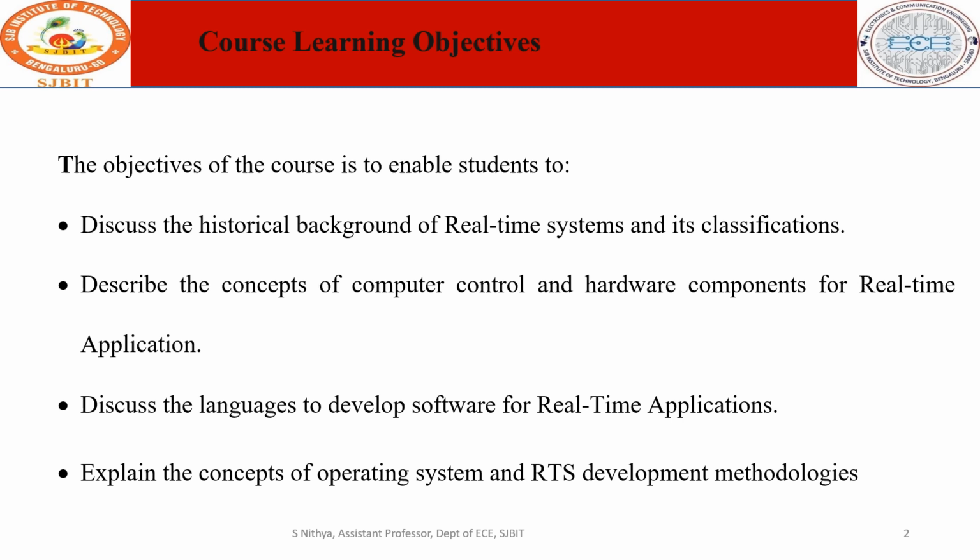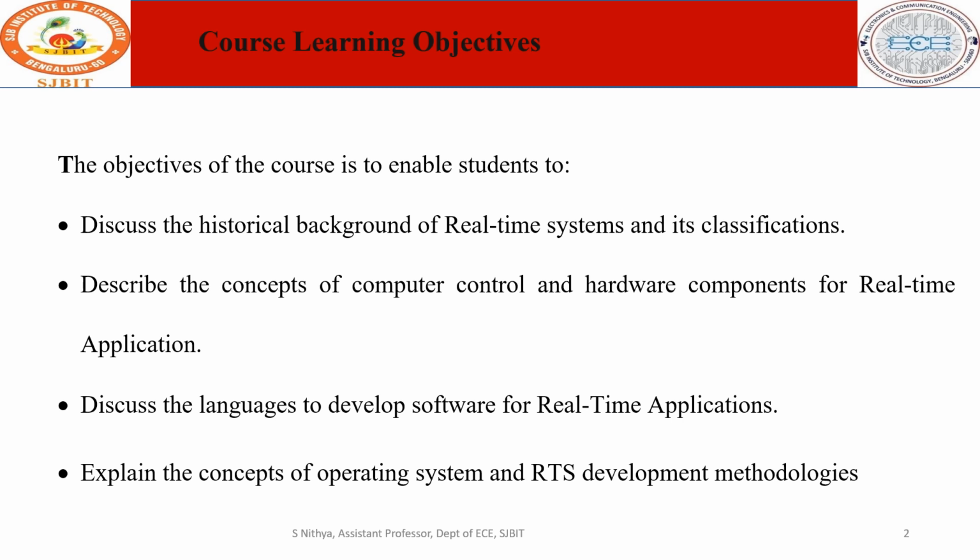The second objective of this subject is to describe the concept of computer control and hardware components for real-time applications. We know that when it operates in a real-time application, we need a computer. If we are using a computer, we need to control the things we are going to perform. If it is not controlled, the system may fail.